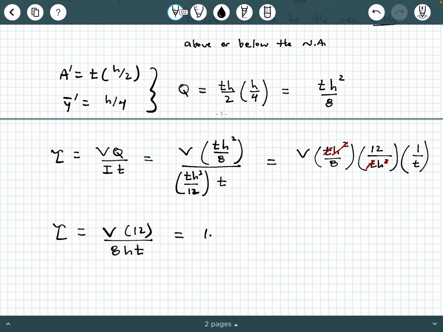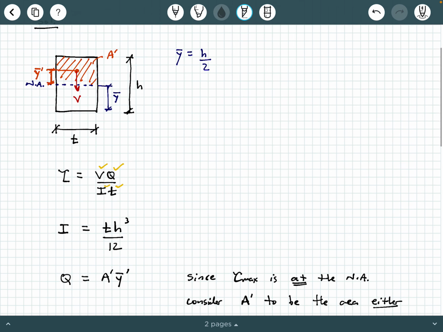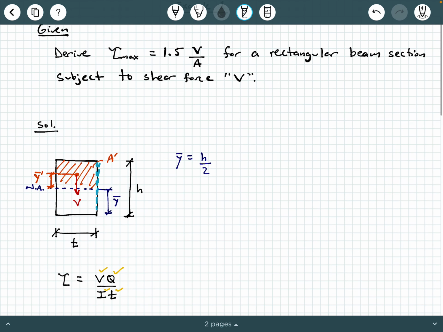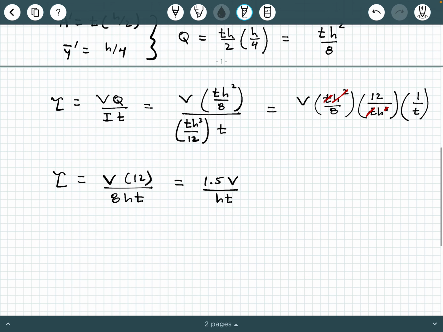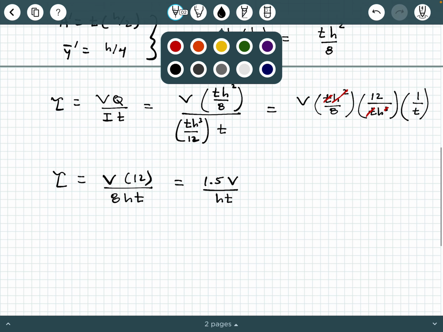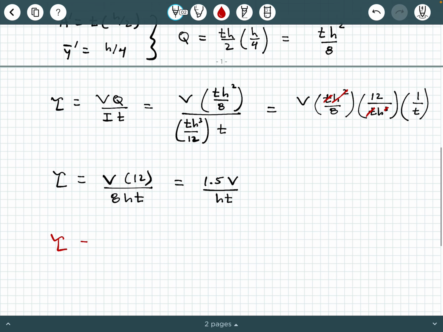So now you have 1.5 V over h T. Well, what's h T? We'll go back to the original figure. h, which was the total height, times T is the area of your rectangle. So finally, we can say tau equals 1.5 V over A.